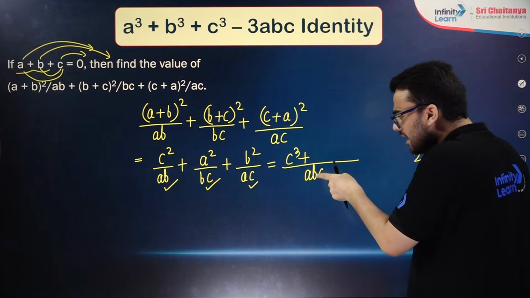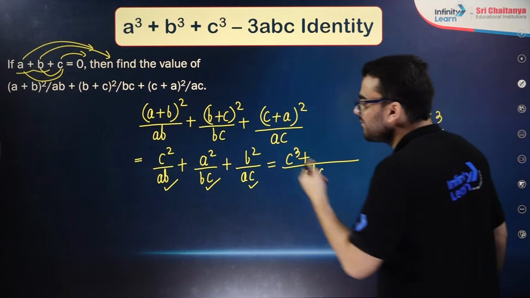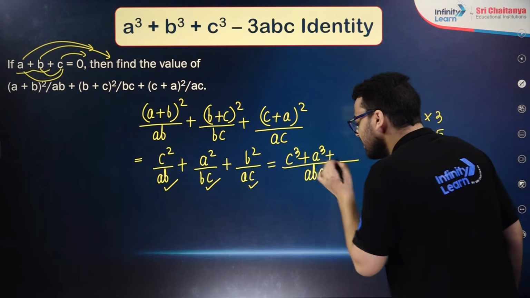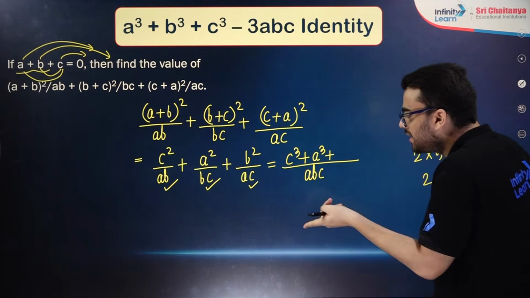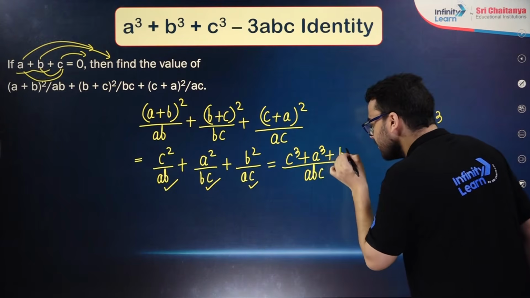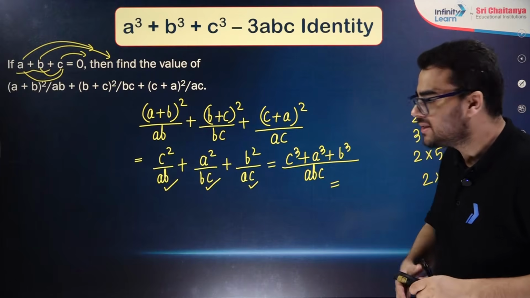In the same manner, ABC divided by BC is A. That will be multiplied in the numerator. So you'll get A cube. In the same manner, ABC divided by AC is B. That will be multiplied in the numerator. So you'll get B cube. Have you got that, guys? Now you see this in the question.